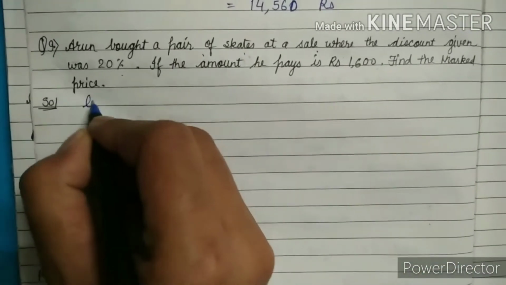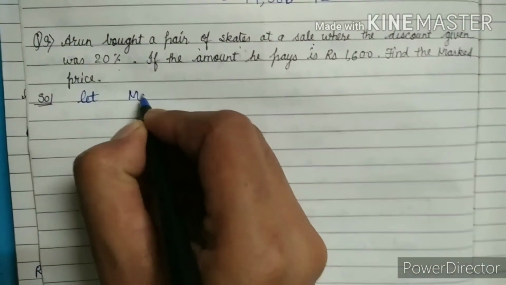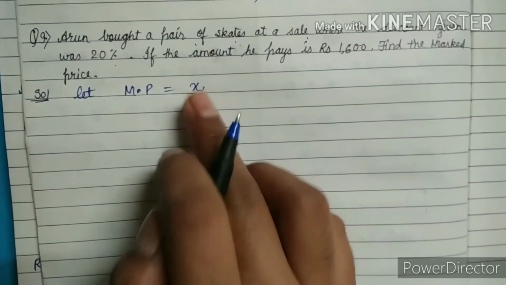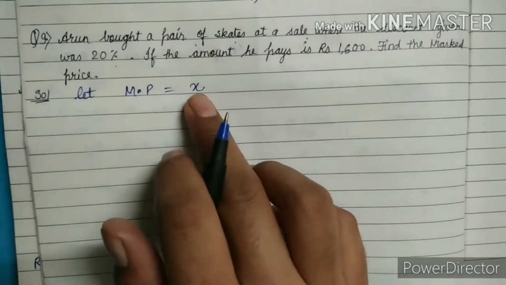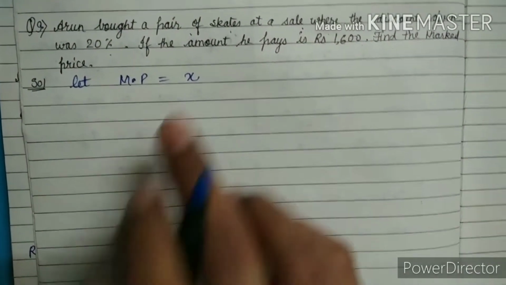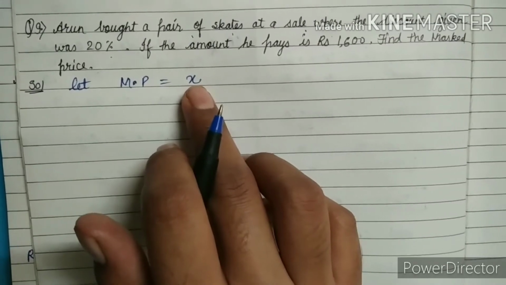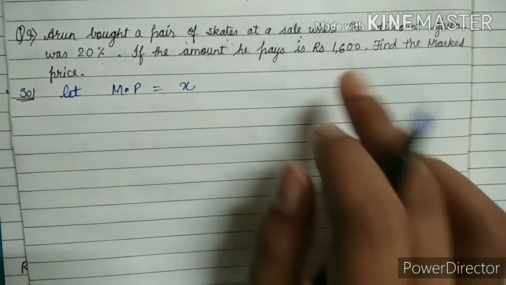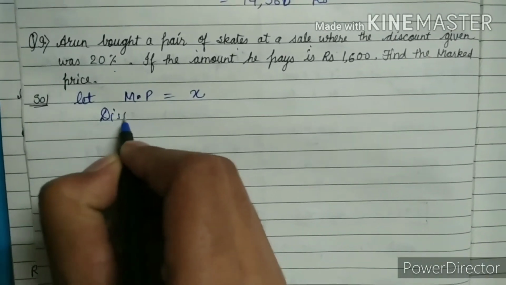So let the marked price be X, because we have to start from the marked price, because the discount is on the marked price, and after subtracting the discount from the marked price he has to pay 1,600 rupees. Now how much is the discount?